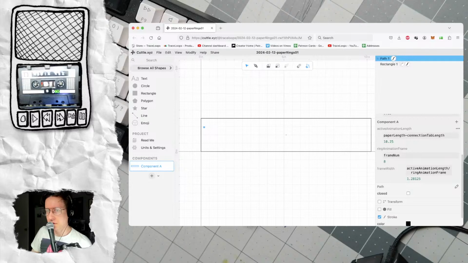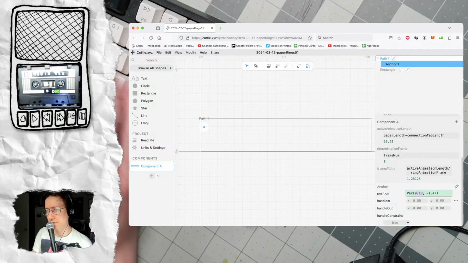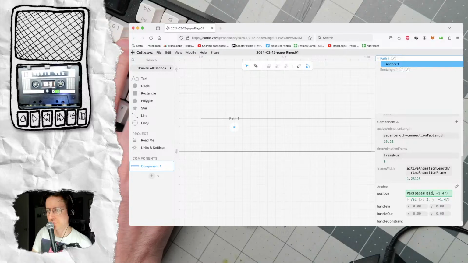Let me take this anchor, and its position is paper height. Nope, this is just 0. 0.